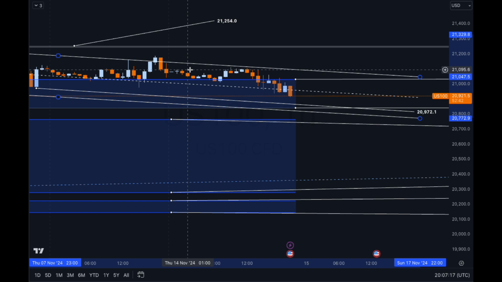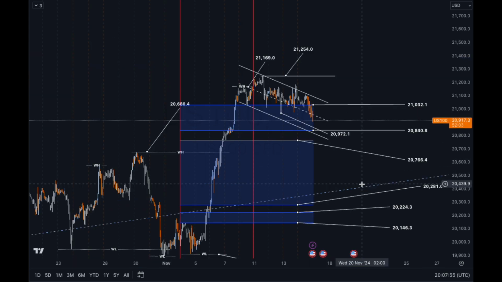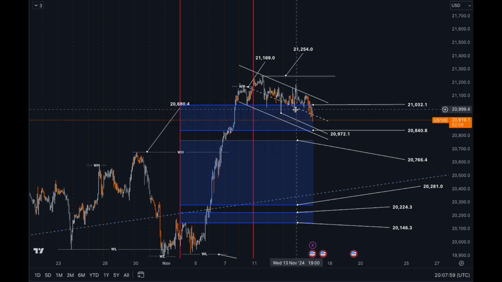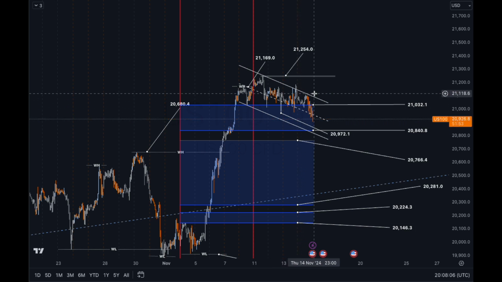What we need to be mindful of is price behavior in this FVG, because right now as it stands, there is a high probability that price is going to push upwards, right? That probability is there, but what we don't know is when is it going to do that. When is that going to take place, right?